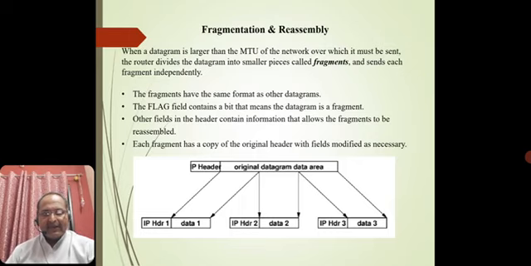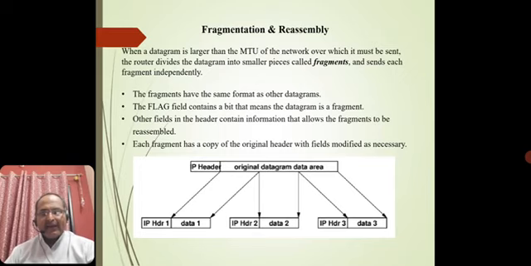Now, fragmentation and reassembly. This is a question that was asked in the last few years in one of the papers: what do you mean by fragmentation, and how is reassembly carried out?